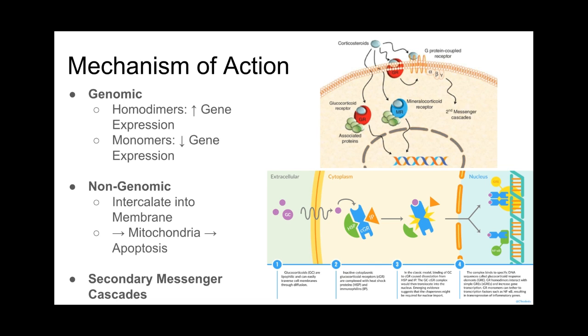Classically, glucocorticoid binding to glucocorticoid receptors activates or represses gene transcription, and glucocorticoids regulate up to 20% of the genome according to some studies. This kind of accounts for the wide array of side effects that I just mentioned.